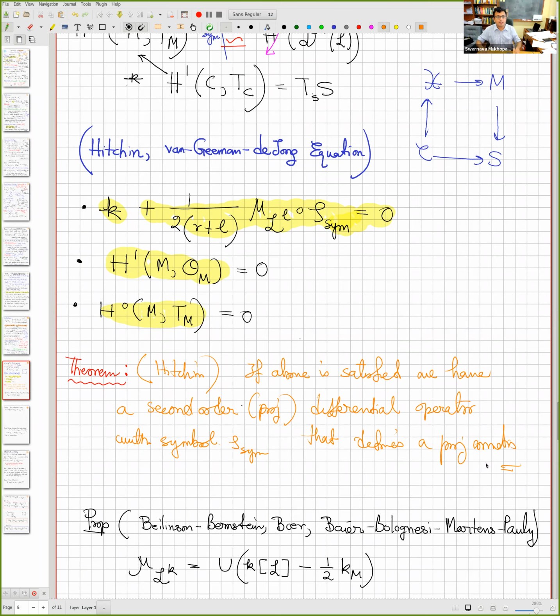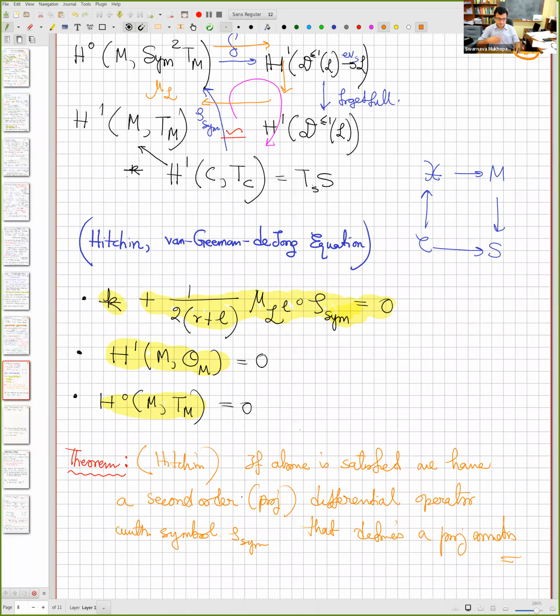But just from the purely algebraic geometric context, what I'm claiming is that this equation makes sense even in the more general context of the deformation theory of a family of varieties. You don't need this part.